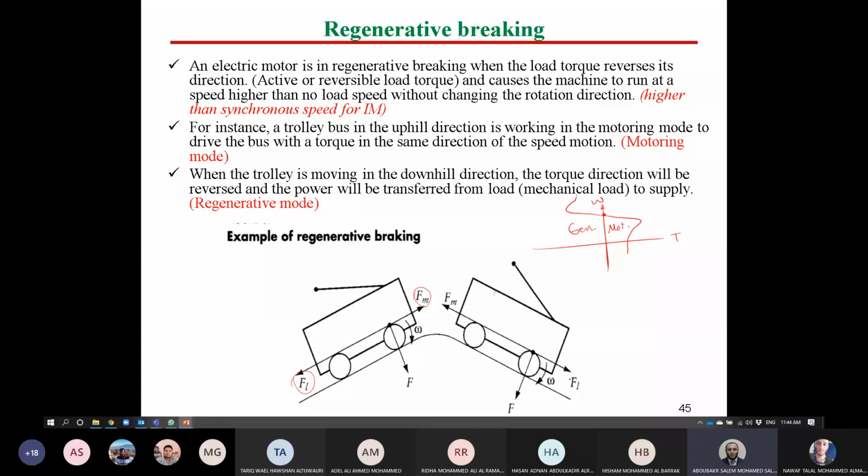In this case, you have to use your motor to brake the motion. So the motor force has to be in the opposite direction. And in this case, the energy will be returned to the supply because the torque has been reversed. So this is called regenerative braking. Is it clear?